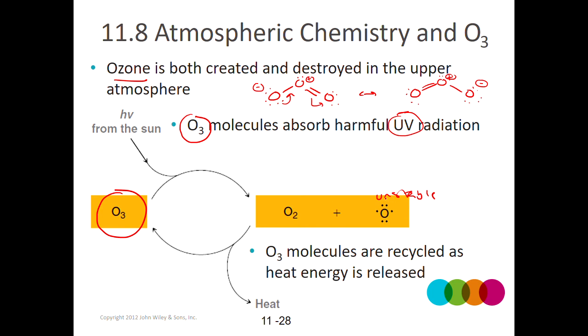But if other free radicals are present in that layer of the atmosphere, whether they be carbon radicals or chlorine radicals, they can start bonding with this oxygen. And if they bond with it, it can't come back together with O2 and replenish the amount of ozone in the atmosphere. And we need that ozone to protect us from that light, to keep absorbing that light and then keep being regenerated to create this continual cycle.